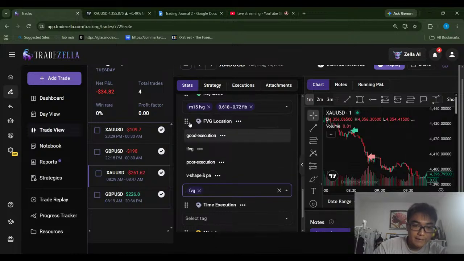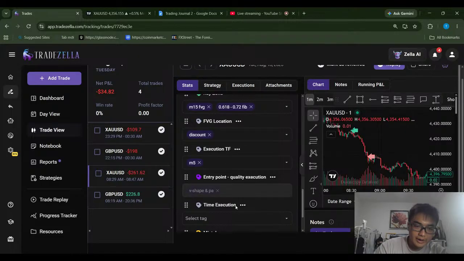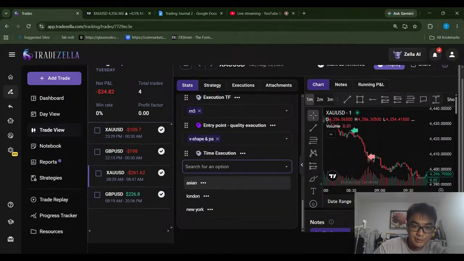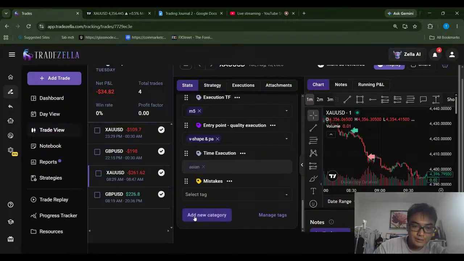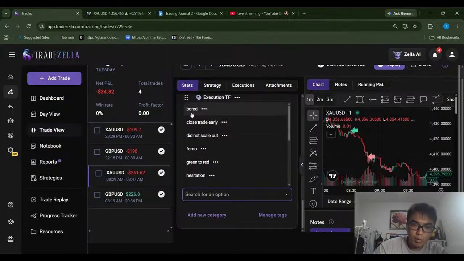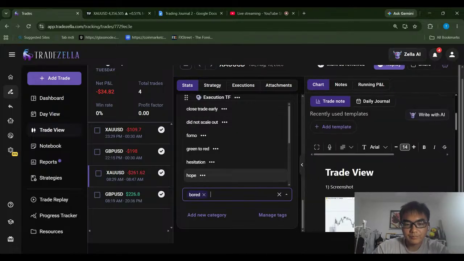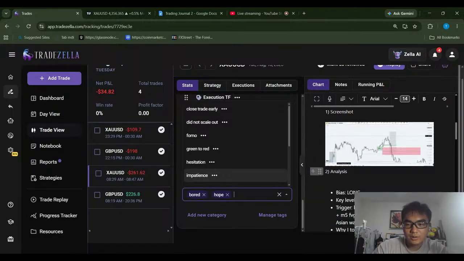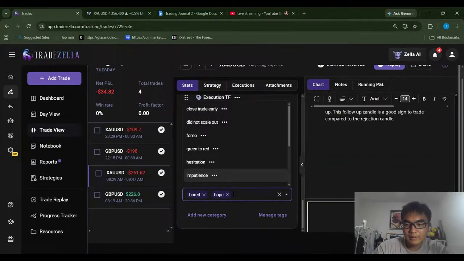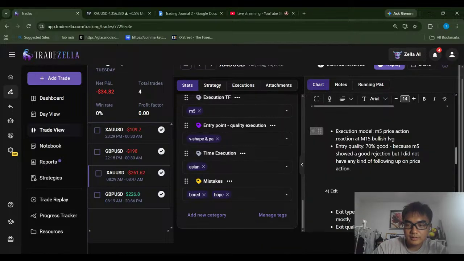This is based on the V-shape and PA. The mistake was that this is not really a trade to take, and I ignore the trade.